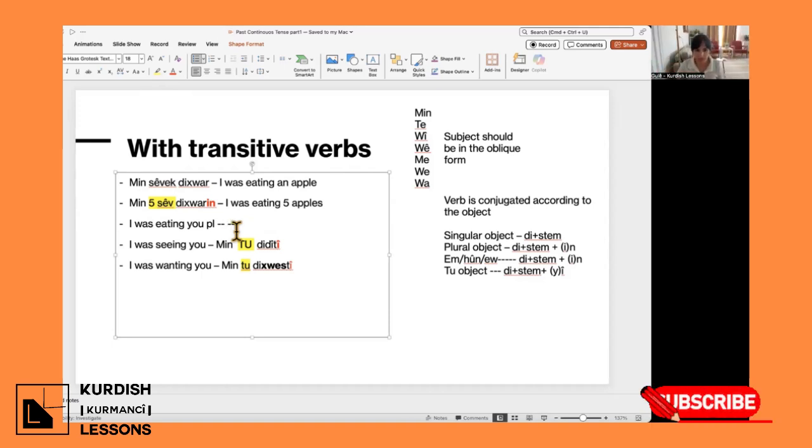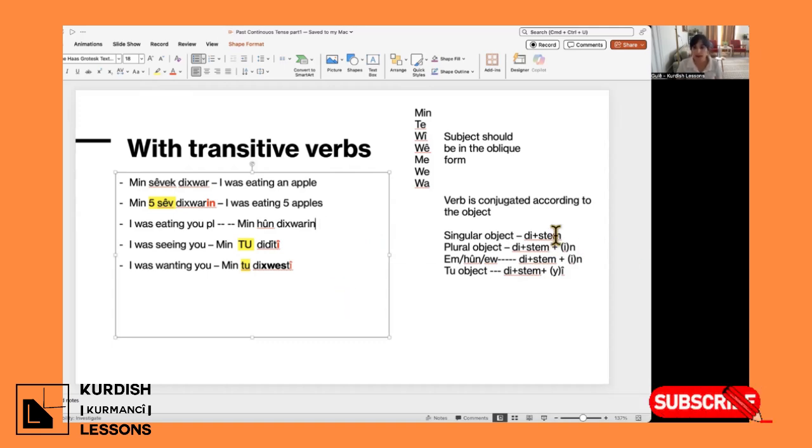Okay, so eating is khwarin. This is a transitive verb. So you use min. And I said the objects are in simple form. So hun, and khwar is the past tense. I need the khwar, and because the hun is plural, min hun dkhwaran. Yes, min hun dkhwaran.